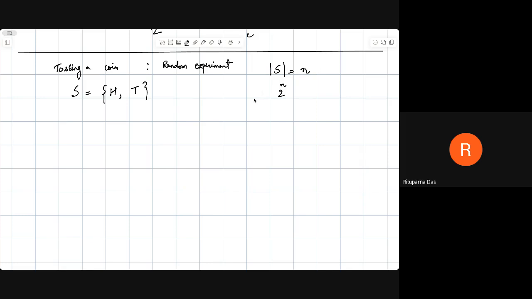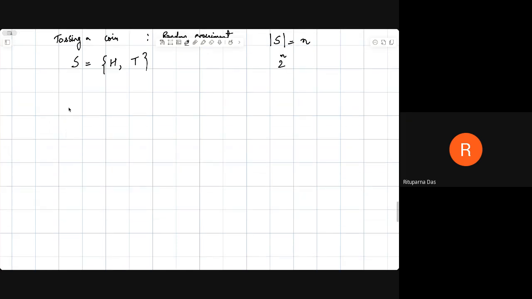Now we are going to look at certain concepts related to probability. First of all, a probability distribution can be discrete and it can be continuous.